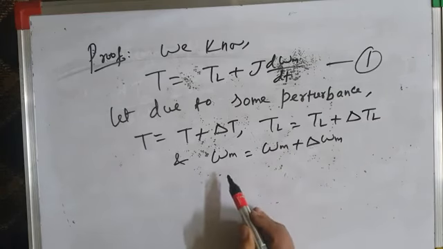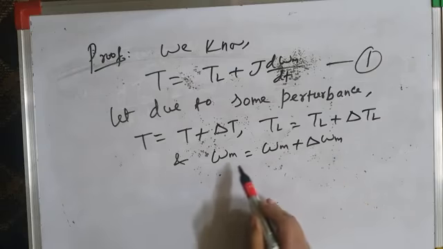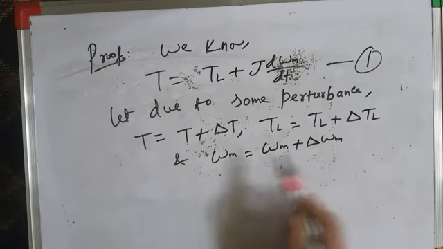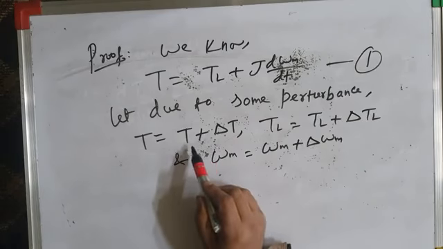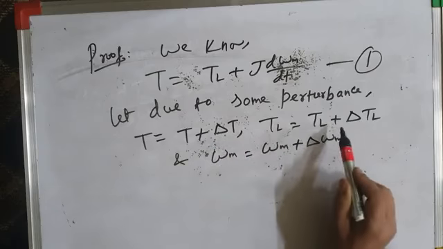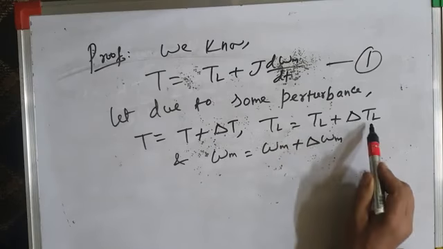Let us suppose there has been some perturbance in the speed. It has increased from omega m to omega m plus delta omega m, due to which the motor torque has increased by delta T from T to T plus delta T, and the load torque has also increased from TL to TL plus delta TL.